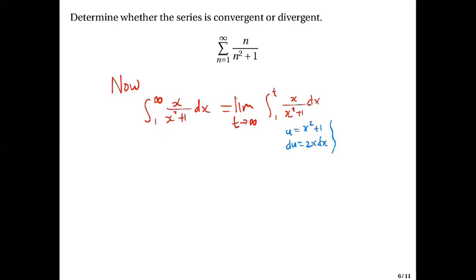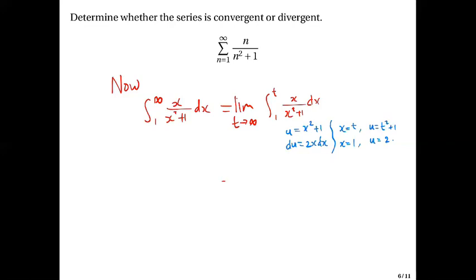If x is equal to t, you have u equals t squared plus 1. If x is equal to 1, you have u equals 1 squared plus 1, which is equal to 2.